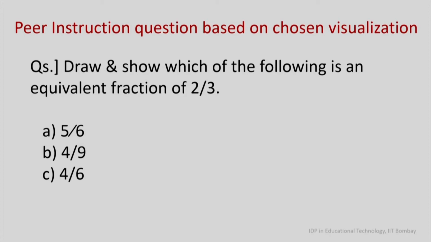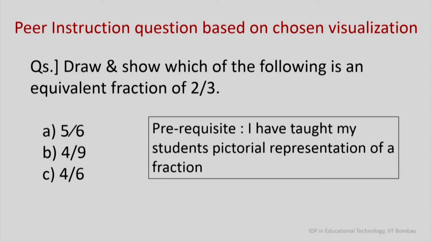A 5/6, B 4/9 or C 4/6. Of course, the prerequisite to doing this activity is that I have already taught my students how to draw a fraction of 2/3. So let's see how to conduct this peer instruction in our classrooms with our chosen visualization.